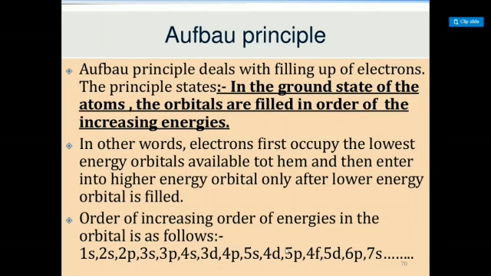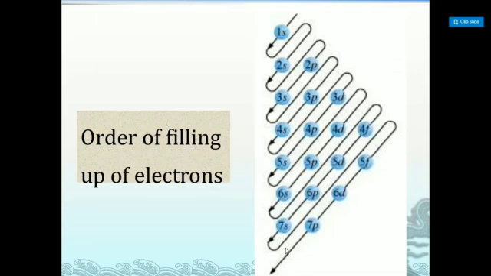That means all the d orbital electrons enter later than the new s orbitals. That means in ns electron enters first, then (n minus 1) d. This is the order of filling of electrons.